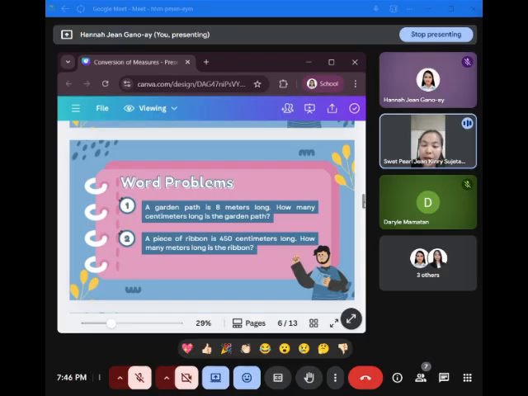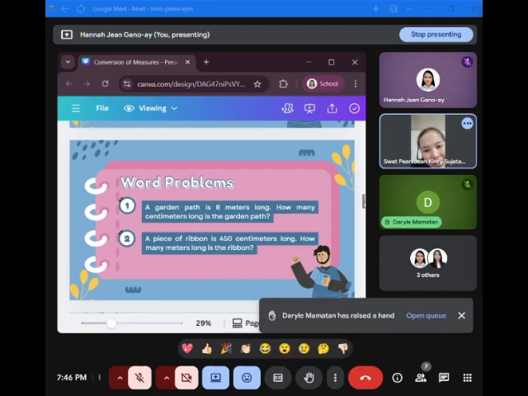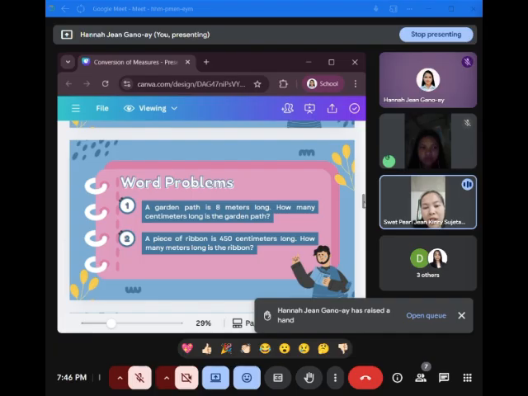So solve the following word problems for 5 minutes, and please show everyone and explain how you got the answers. And can someone volunteer to answer question number one? Please raise your virtual hand. Yes, Mr. Mamatan. And for word problem number two, who wants to answer? Yes, Miss Ganuay.